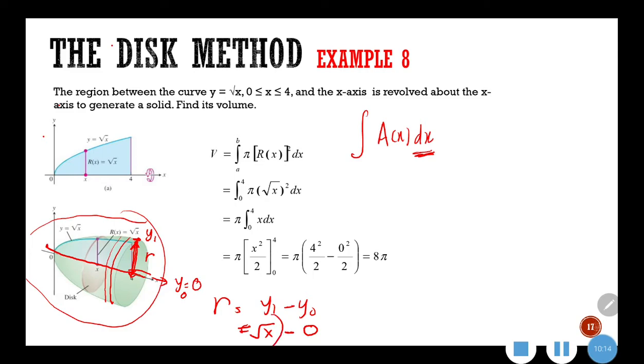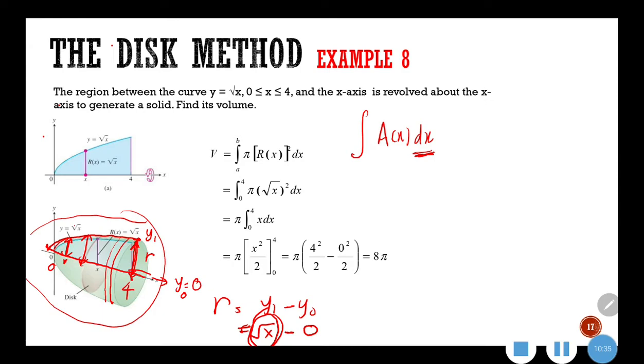So your R is equal to square root x. Understand? So meaning let's say here it is still the same, square root x minus 0. Here also the same, square root x minus 0. Depends on what your value of x is here and here and here, where x varies from 0 to 4 here.